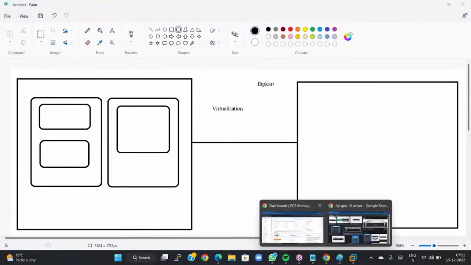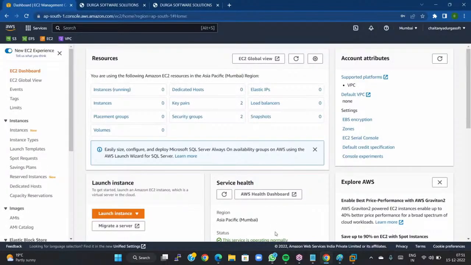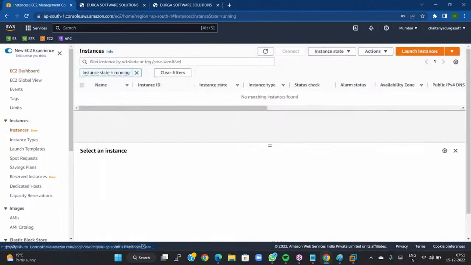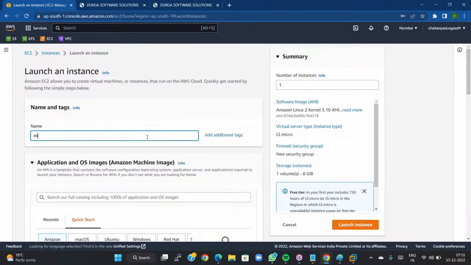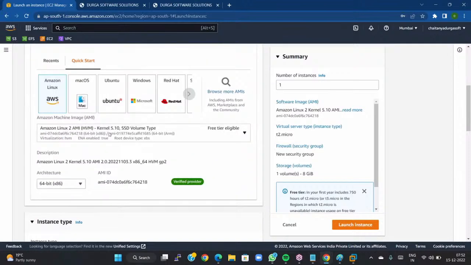If you see here, within a snap of my finger, I can create an application. Let me show you how I am going to develop it. I will go for Launch Instance, just for your understanding. I will give the server the name example server, and go down. I will select AWS Linux.